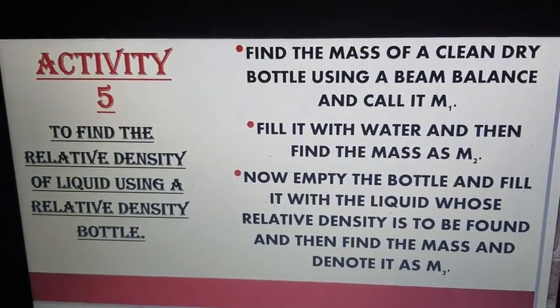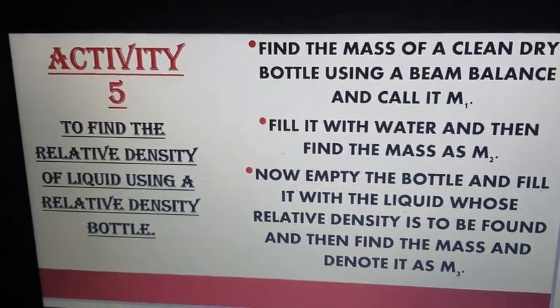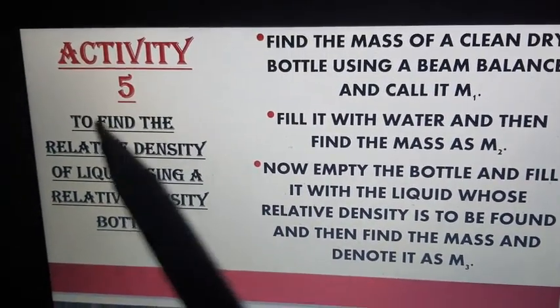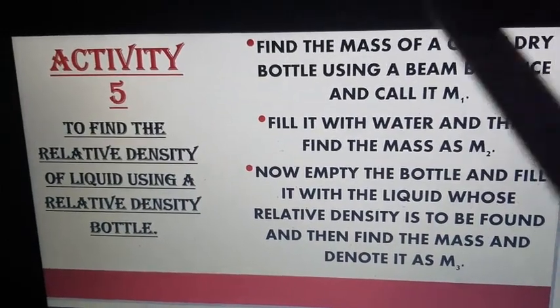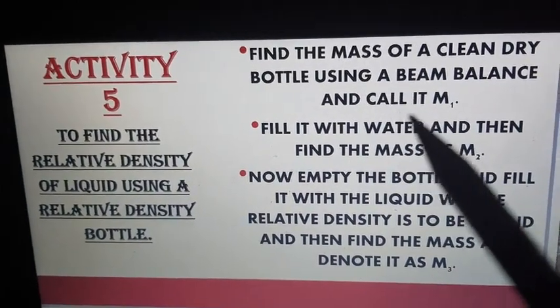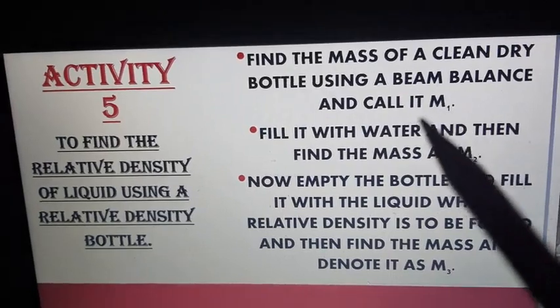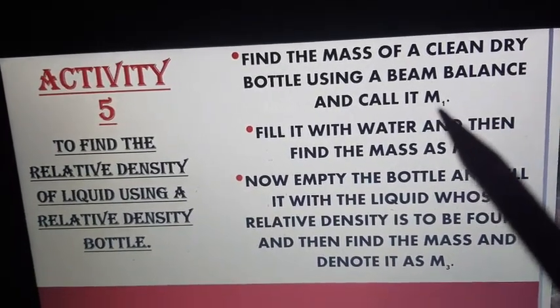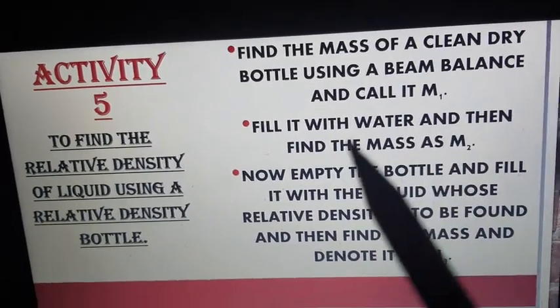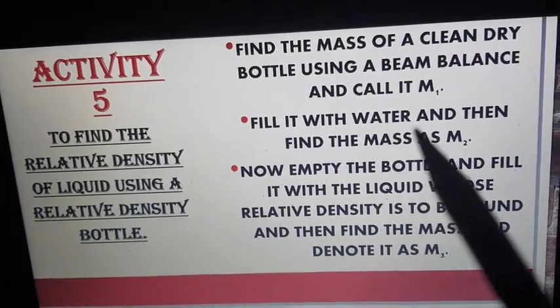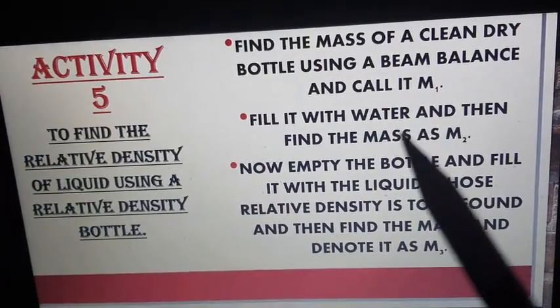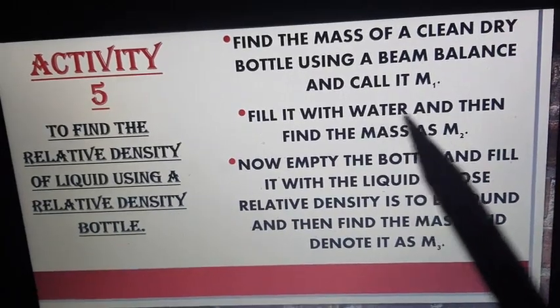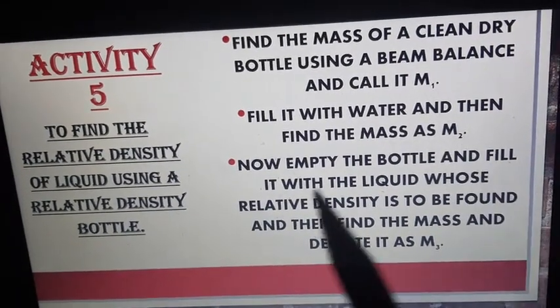Now let's consider activity number 5, where we have to find the relative density of a liquid using a relative density bottle. We take a clean empty bottle and take its mass on the beam balance, and call it M1. Now we fill that same bottle with water and take its mass, that is mass of the bottle plus mass of the water, equals M2.